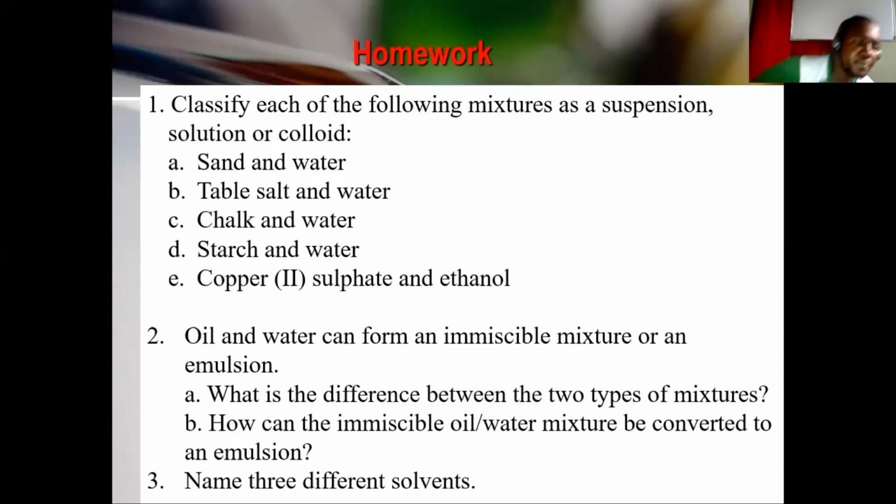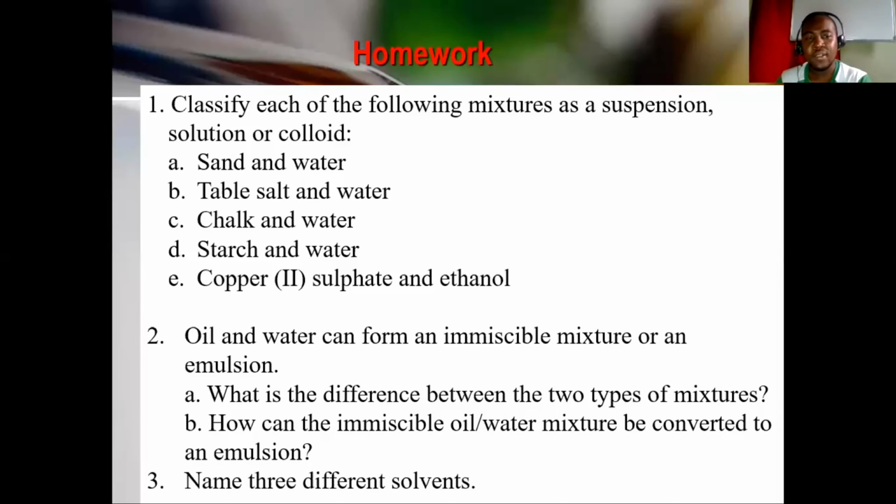Starch and water. Colloid. Copper 2 sulfate and ethanol. I have no idea. All right, what do you know about copper 2 sulfate? What type of compound is this?